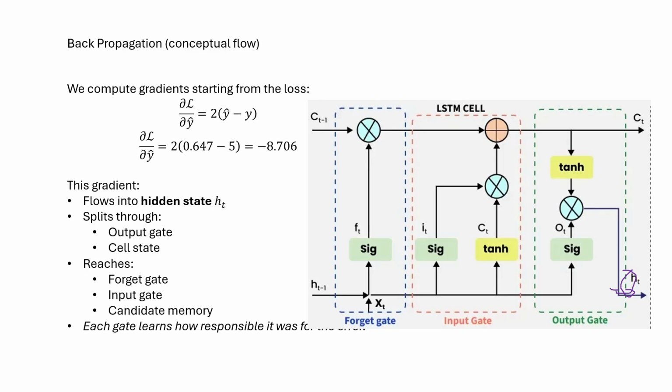It would then go in an inverse direction to both the output and the cell gates. So yeah, it will go inversely with every arrow here, until it reaches the forget, input and the candidate memory. So we can say that each gate will learn how responsible it was for the error.